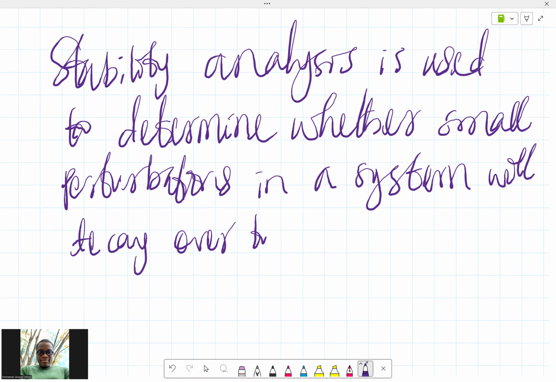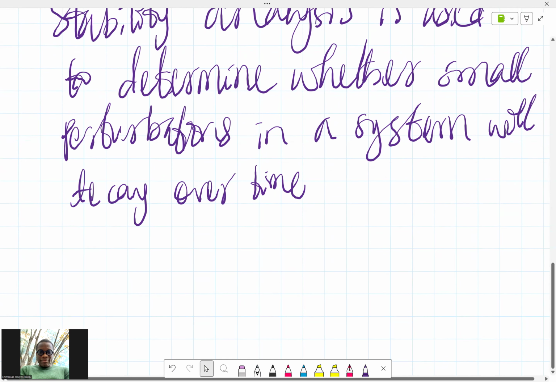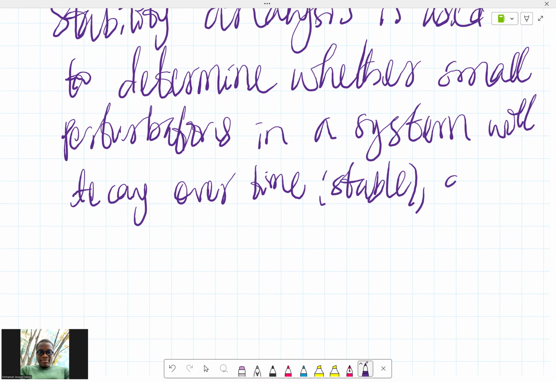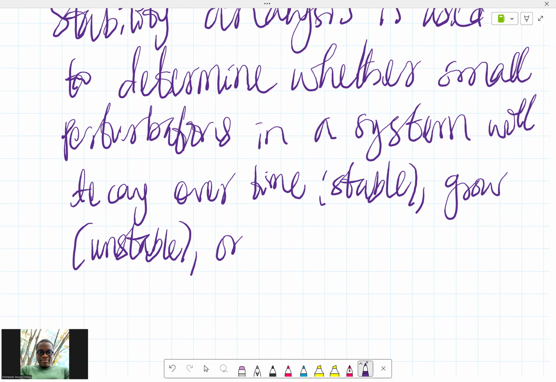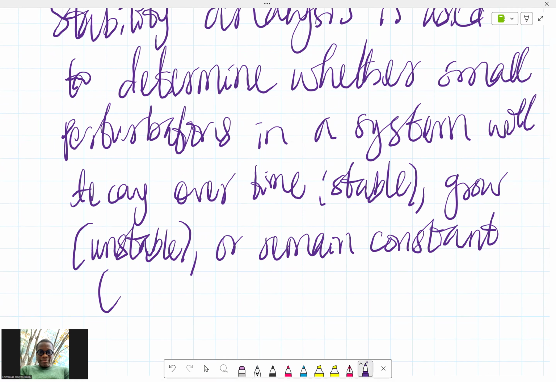That is, if you add a bit of something, will that thing die out over time, or will it lead to something bigger? Will it decay over time, in which case you have a stable system, or will it grow, making the system unstable? Or will it remain constant? In that case, it has a neutral effect.